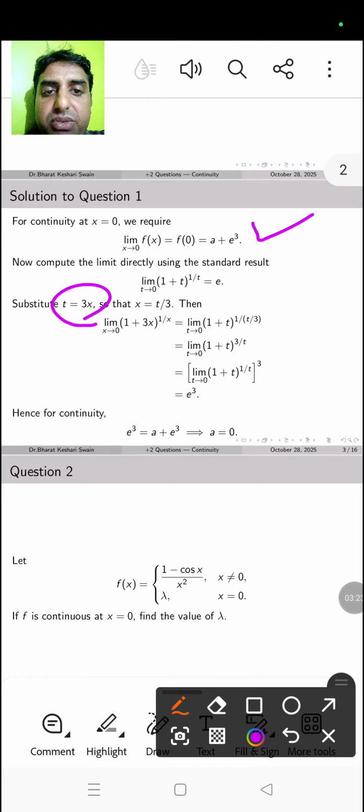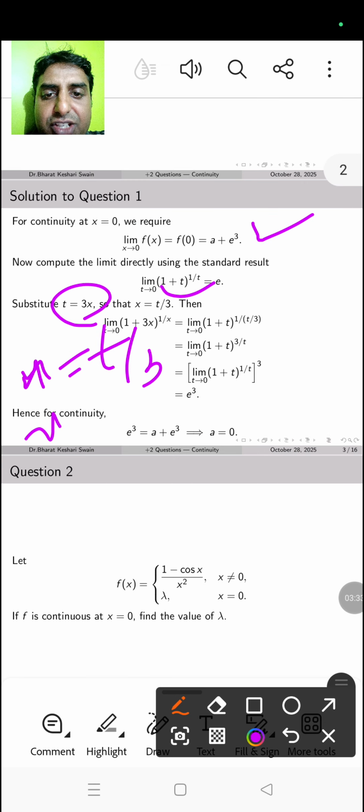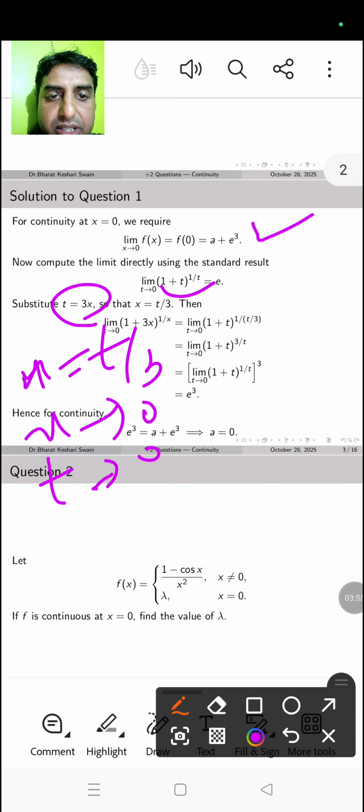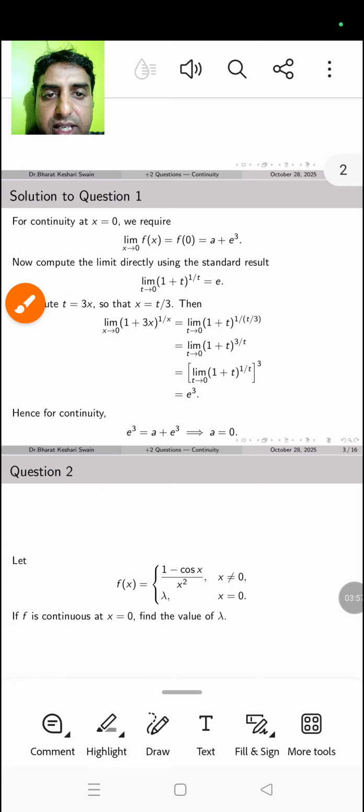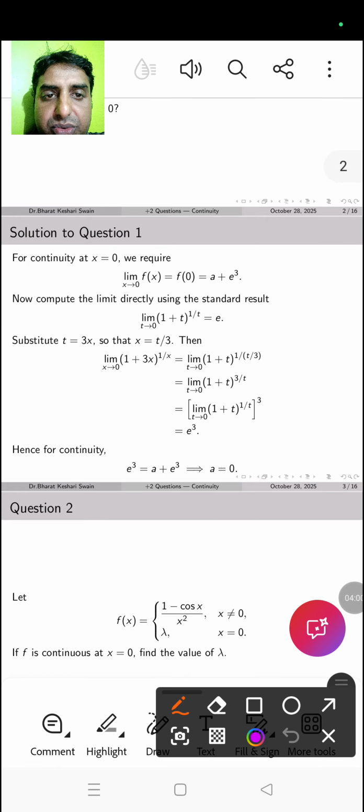If 3x is equal to t, then x will be t by 3. Since x tends to 0, t will also tend to 0, because t equals 3x.